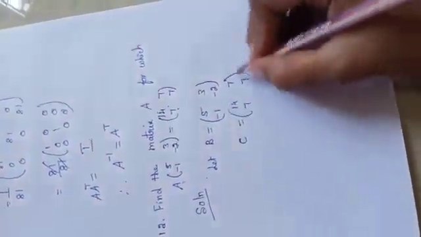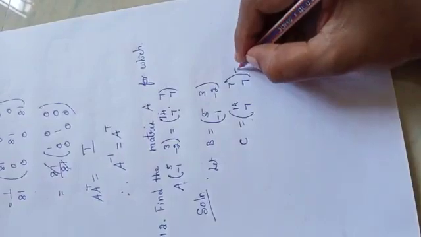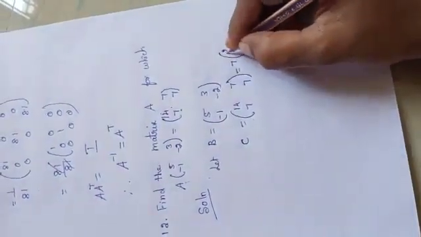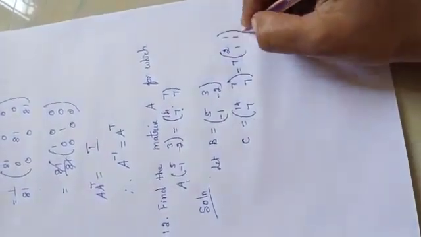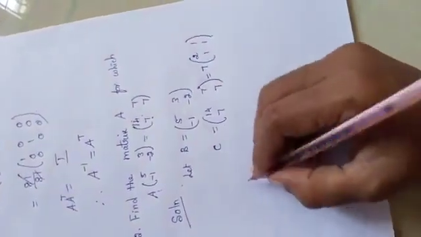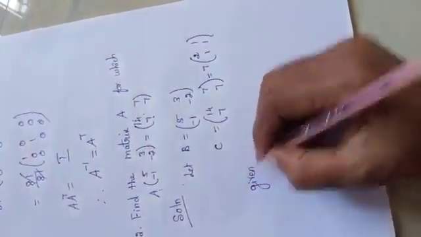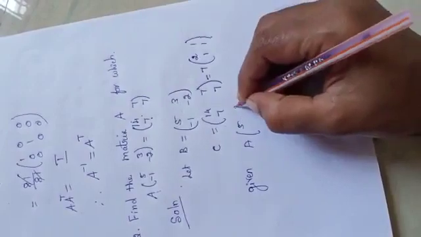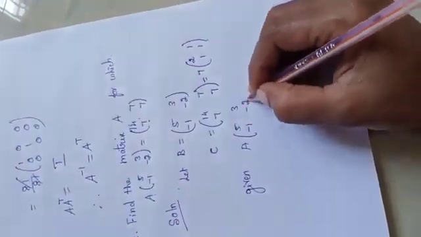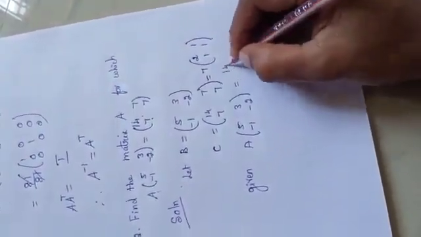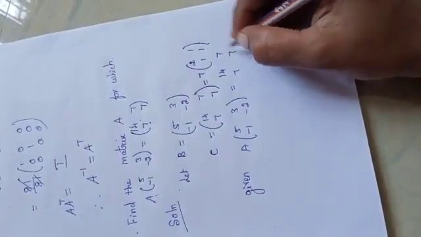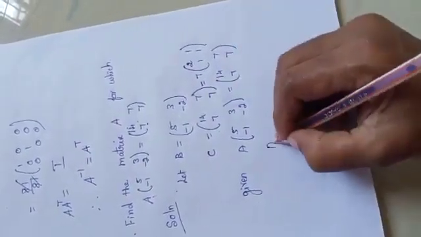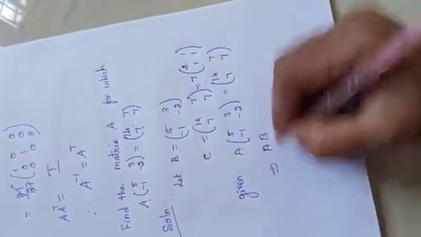Since all are multiples of 7, we can take 7 out, so we may get 2, 1, 1, 1. Now, given A into 5, 3, minus 1, minus 2 equal to 14, 7, 7, 7, which implies A into B is equal to C. Right?